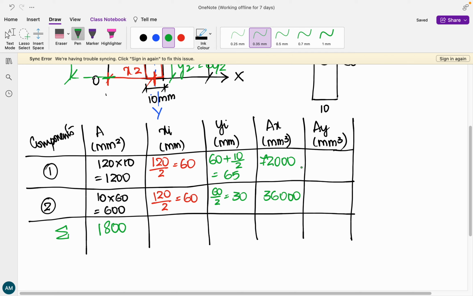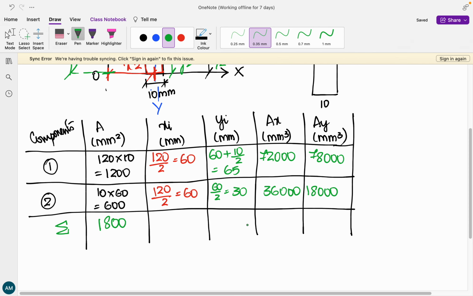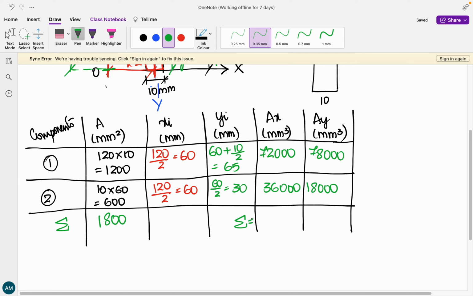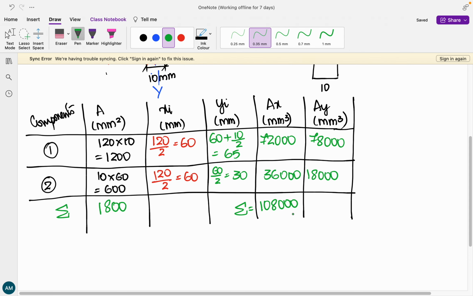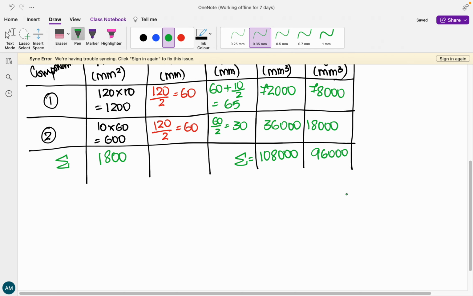Next a into y: 1200 into 65, 78 followed by 3 zeros. The next one, 600 into 30, 18 followed by 3 zeros. Now for the summation of a into x, make sure you add the values. It is 108 followed by 3 zeros. The summation of a into y is 96 followed by 3 zeros.